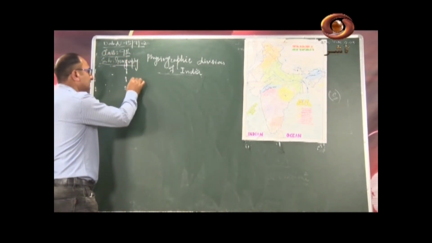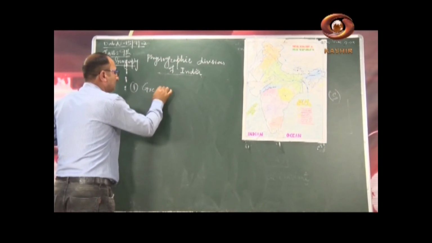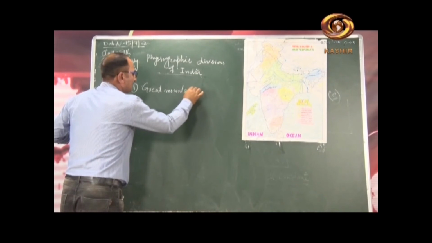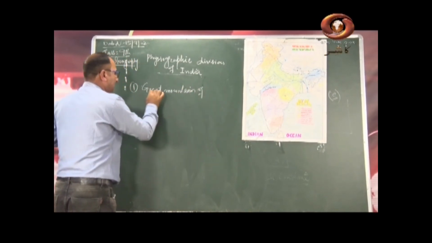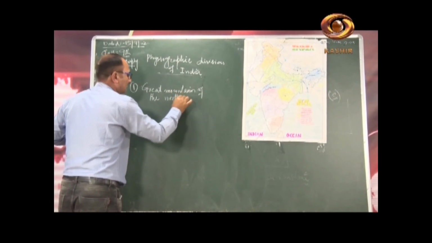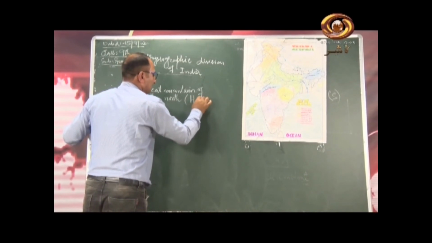Number 1 is great mountains of the north. It is also called Himalayas.